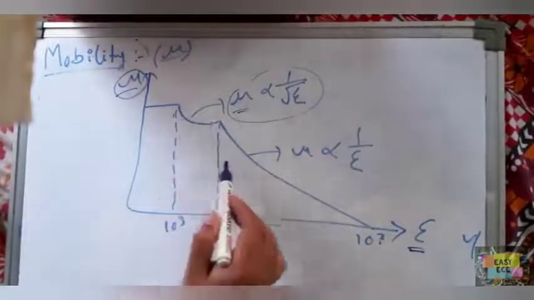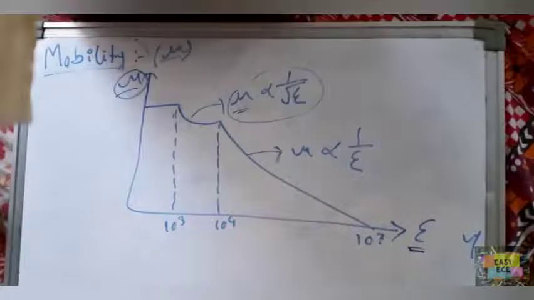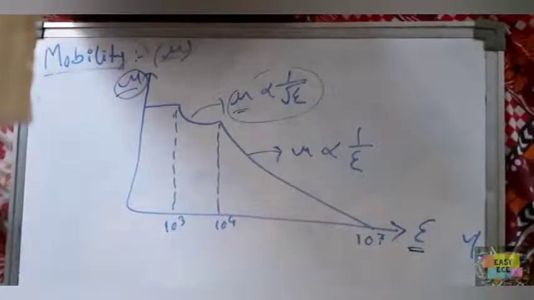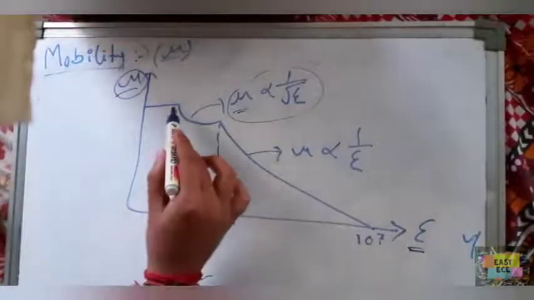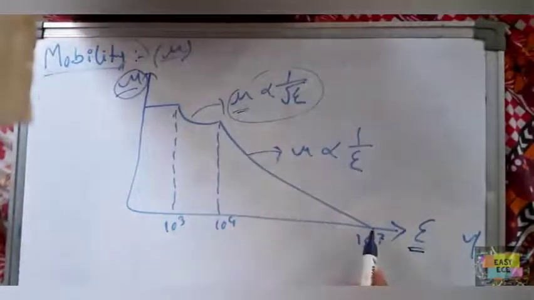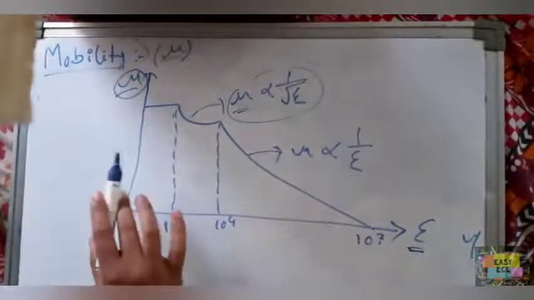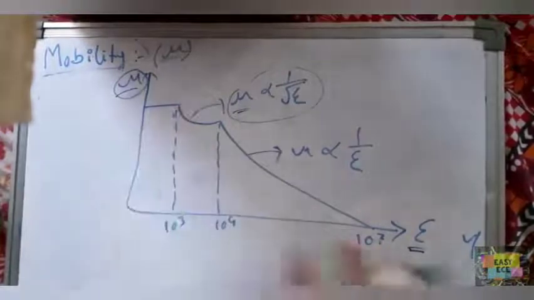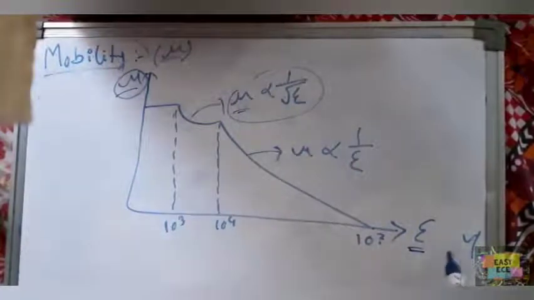Then in this part, mu is inversely proportional to the electric field. So first constant, then one by root, then one by electric field. This is a very important concept. The unit of electric field is volt per meter.